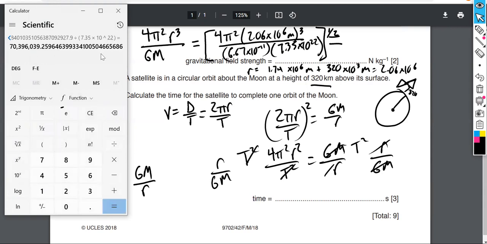All right, so that's everything underneath the radical. Remember that you're solving for time squared the way we had it there, so you still need to take the square root. And I get a final answer. You can see it right there. 8,390 seconds. A little over 2 hours it would take that satellite to orbit.